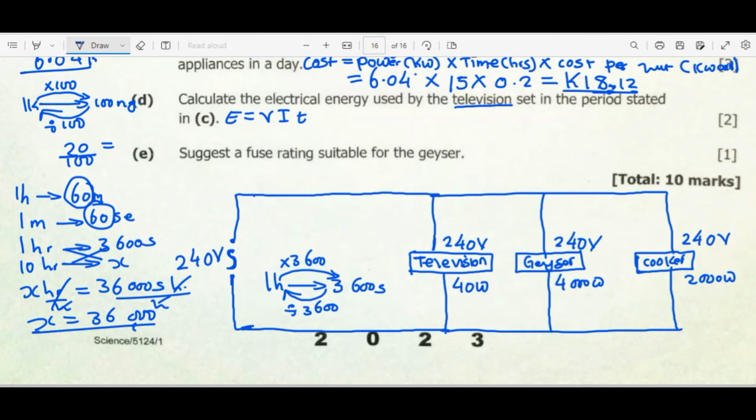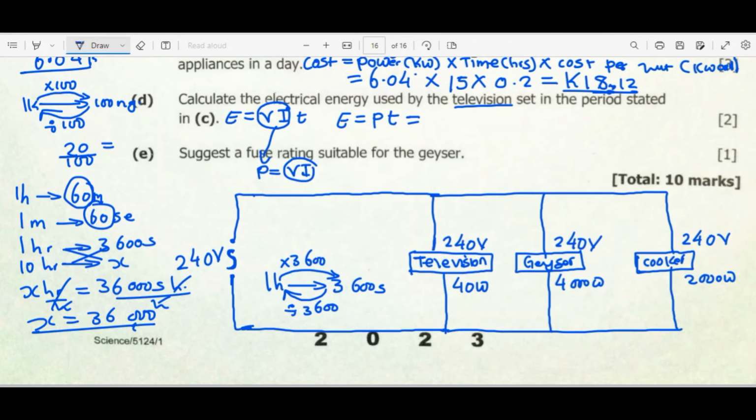Power is equal to voltage multiplied by current, which simply means that where there is VI, it's the same as P. So we can change our formula from VIT to PT. So energy dissipated can be found by power times T.